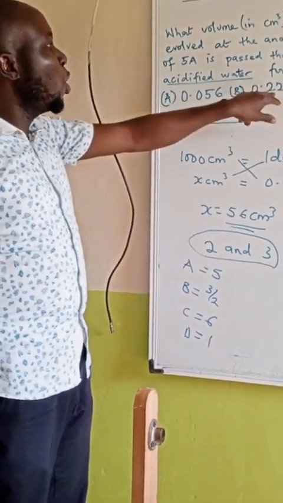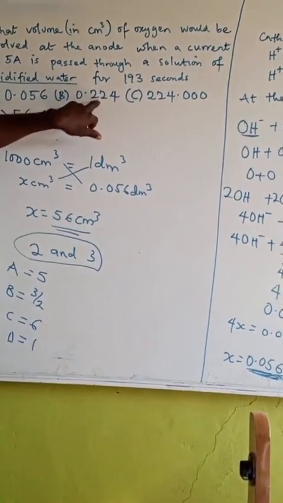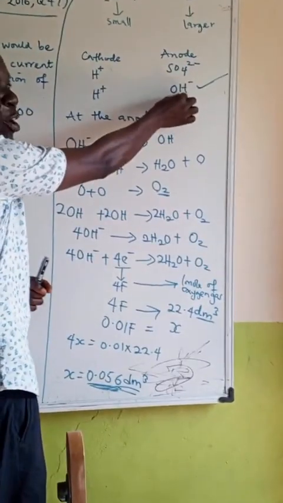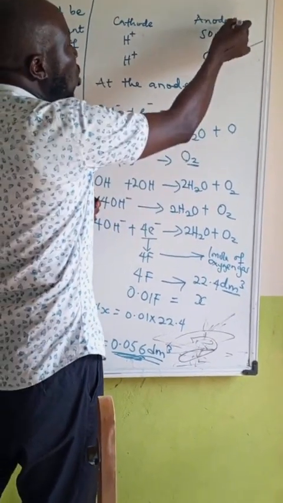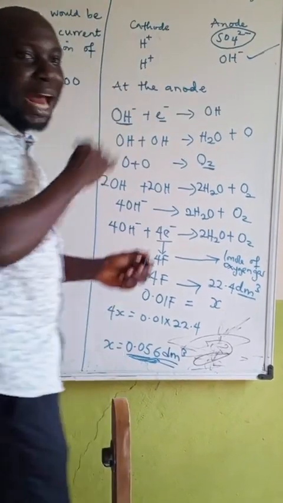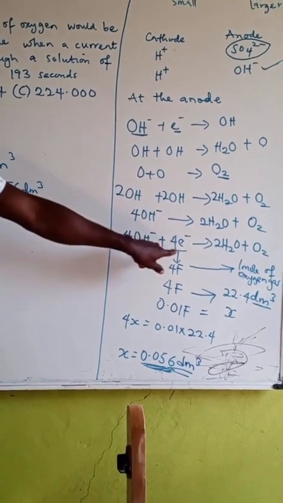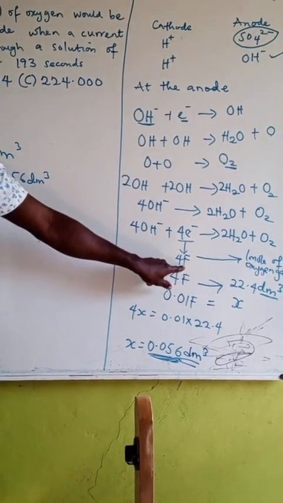Now, you will know that this is another trap. How is it a trap? If instead of choosing hydroxide here, you mistakenly choose SO4 as the compound that will be preferentially discharged, where you add 4 farad here, you are going to have 2 farad.